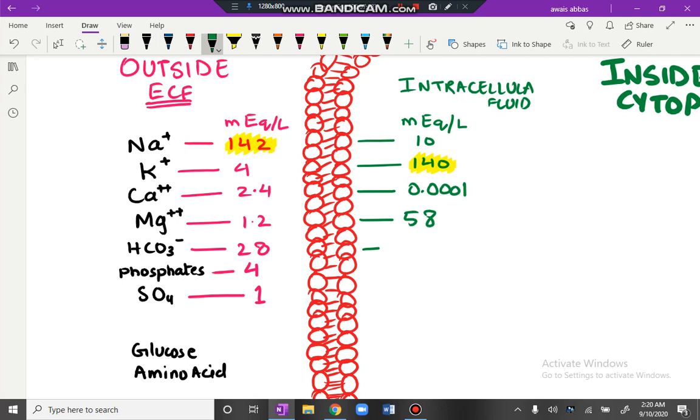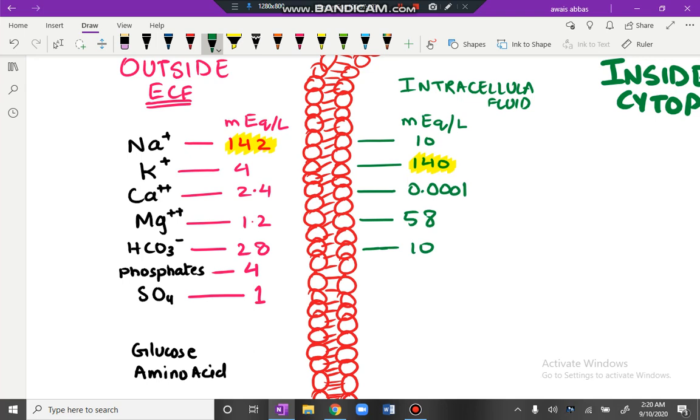So bicarbs are present more outside and they are less inside. I must say that bicarbs are 10 milliequivalent per unit.